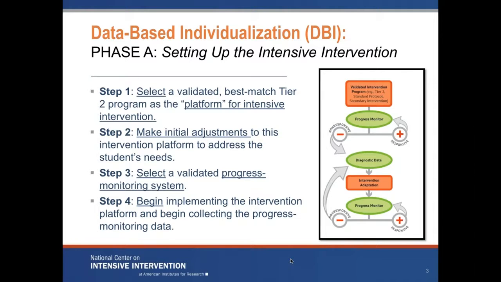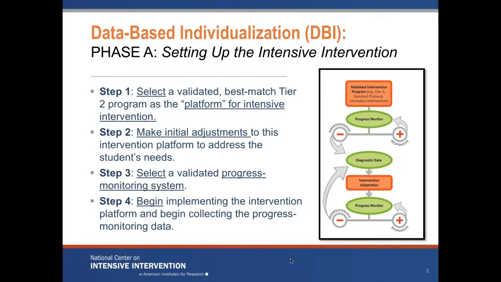Typically, the students with whom you're using a DBI approach are those who have already failed to respond to a validated Tier 2 intervention. So these are students with severe and persistent, and I emphasize that persistent part, learning challenges. These might be students in Tier 3 or Tier 4, they might be students with disabilities, however your school classifies this.